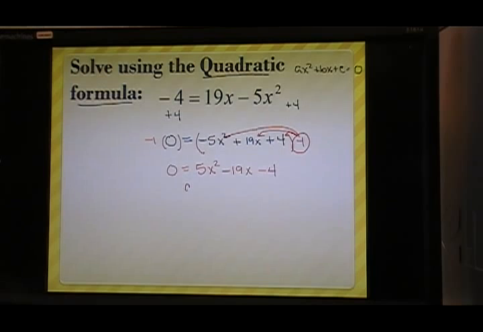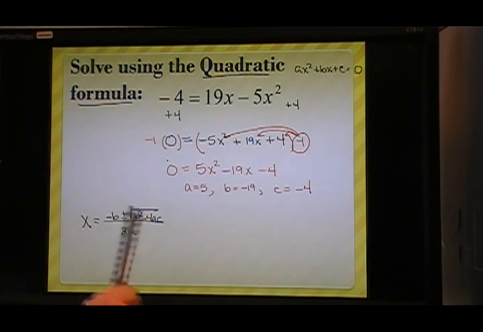So the value of a is positive 5, the value for b is negative 19, and the value for c is negative 4. So taking our values for a, b, and c and plugging them into the quadratic formula, again, the quadratic formula is x equals the opposite of b plus or minus the square root of b squared minus 4ac all over 2a.